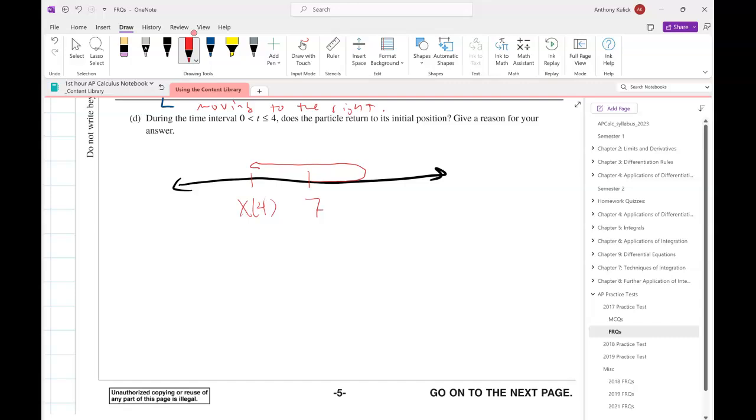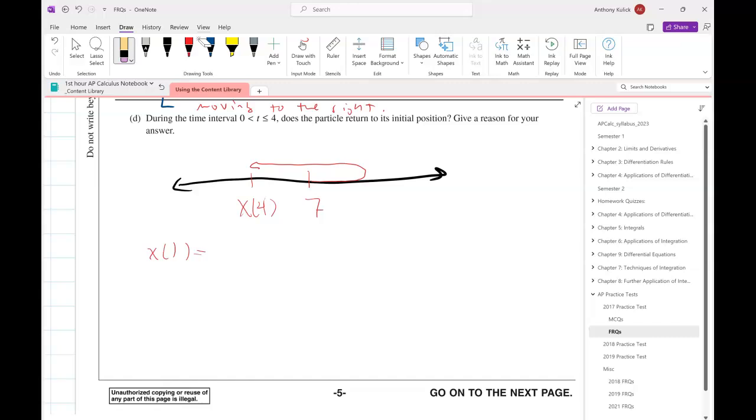So I want to check to see if we're moving forward really at any time. So maybe I just check for the position at 1 second or something.